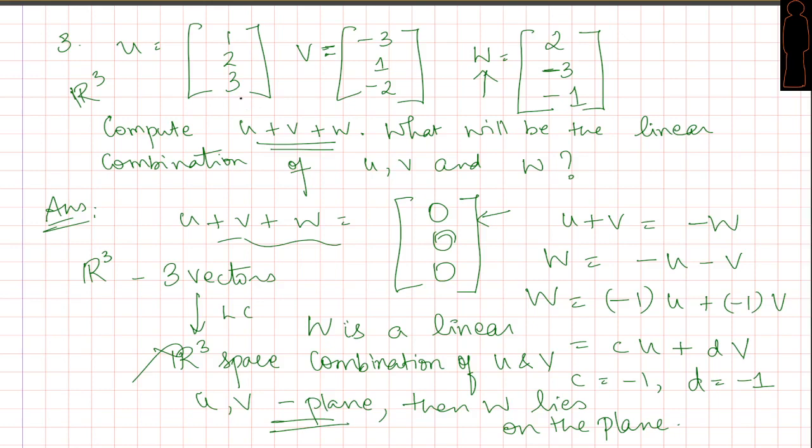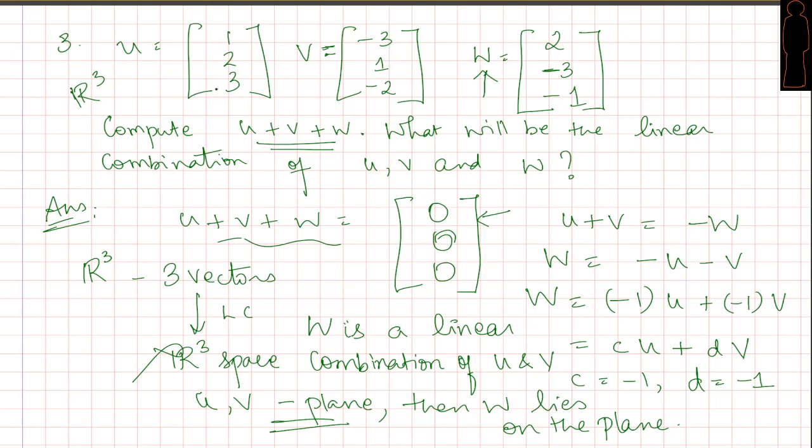Okay, now to the next part. Do u and v really describe a plane, or is it something different? How do I look at this? We have to check if u is a linear combination of v or if v is a linear combination of u. If we are given single vectors, we just have to check if the second one is a multiple of the first one or the other way.